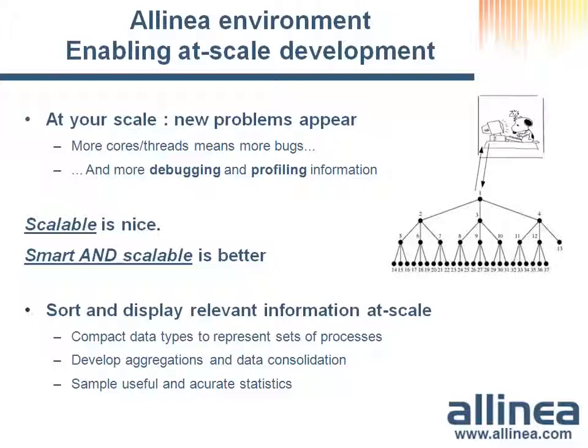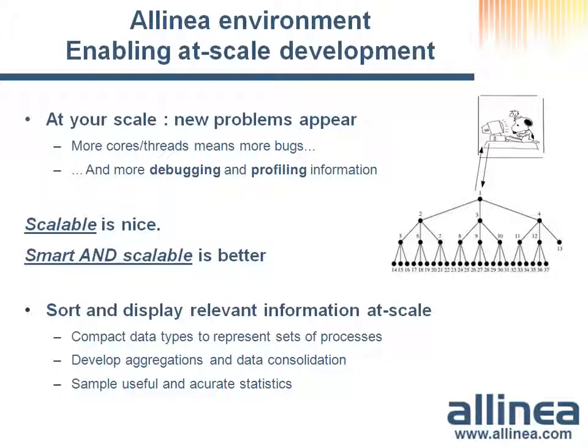Allinea DDT has been developed to be completely scalable. Allinea has been working within lots of partnerships and lots of collaborations with Oak Ridge, with the CEA and much more, and we have done multiple things to make our tool very efficient at scale. First, we have worked on the architecture to make it scalable and to make it fast. But we quickly realized that speed was one issue, but was not the most important issue. The biggest issue we faced was to sort and display the information at scale.